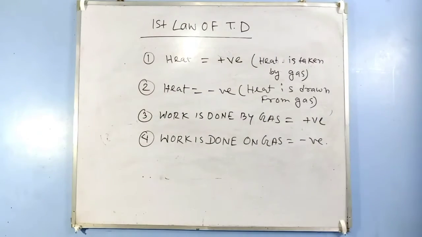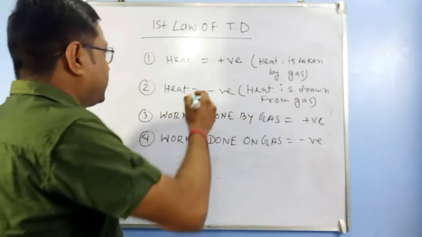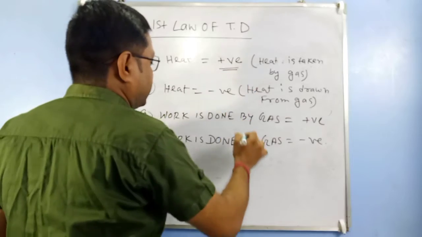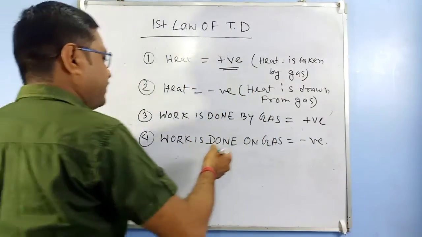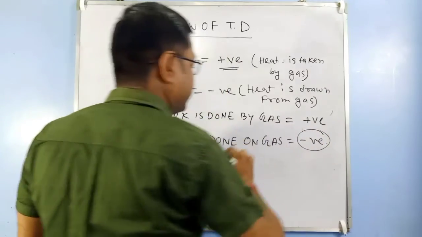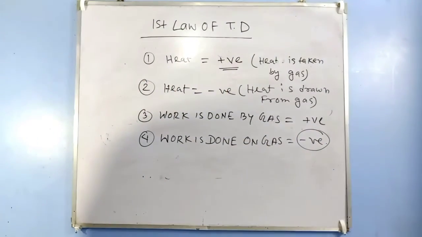Work done by the gas is taken as positive and work done on the gas is negative. Now, if the heat is positive, the internal energy will increase, and if the work done is negative, the internal energy will also increase.